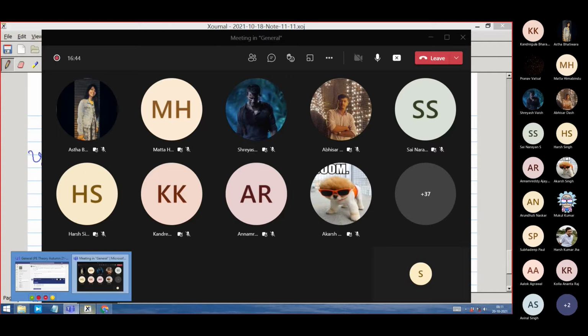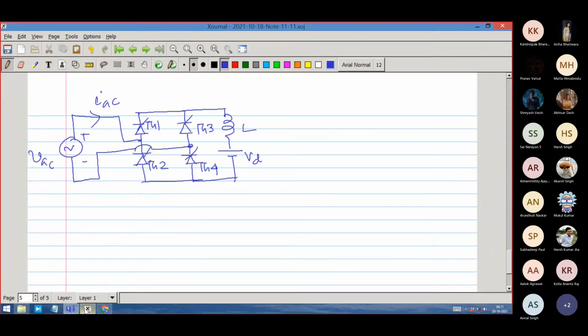Just try, say something. By looking at the circuit, what can you say? What has to be the situation, continuous conduction or discontinuous conduction? Alpha is equal to 30 degree again. How do I conclude whether the circuit is in CCM or in DCM?